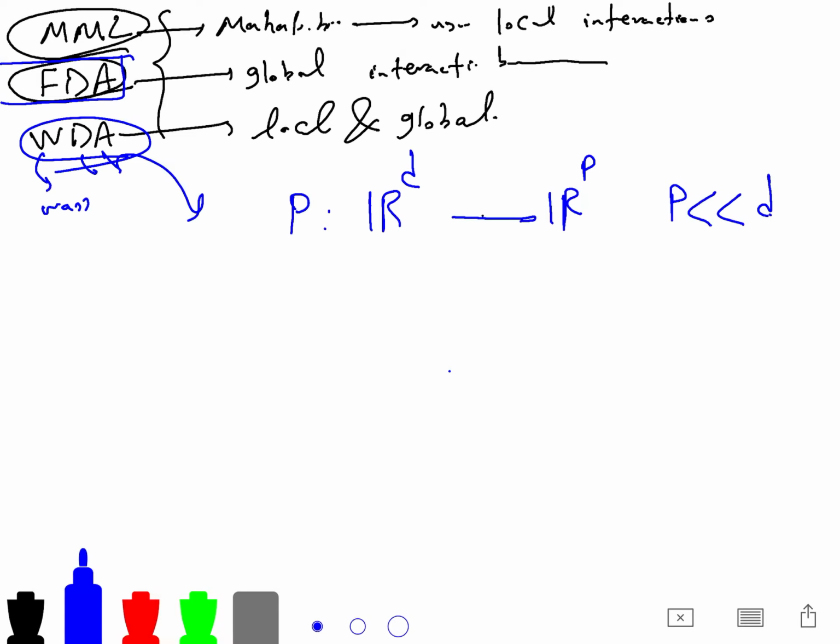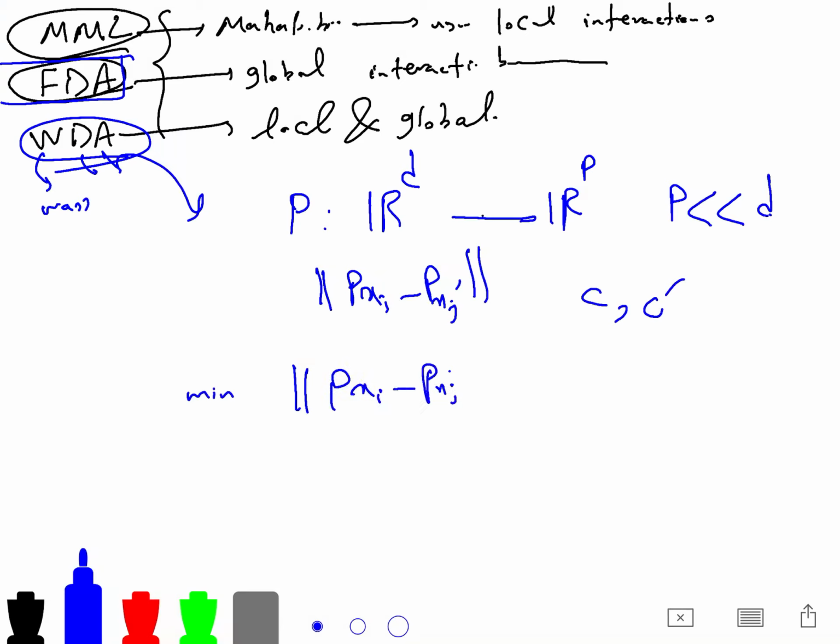We want to maximize the sum of all distances between pairs of samples from different classes, C and C prime, while minimizing the sum of all distances between pairs within the same class C. So again, the same bi-objective, but with a different tool.